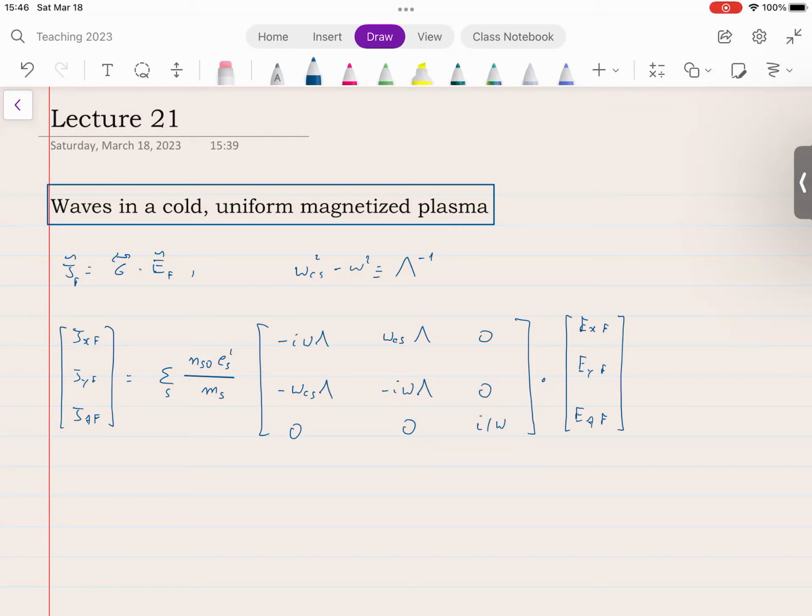Question is, where are we going? It's an excellent question. Well, first of all, we have defined the conductivity tensor sigma.